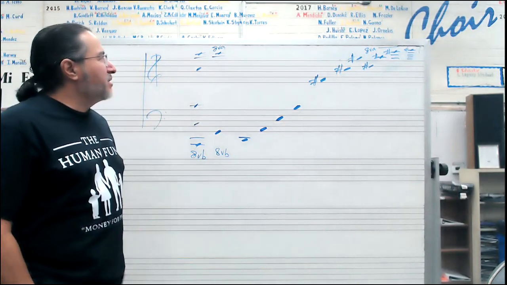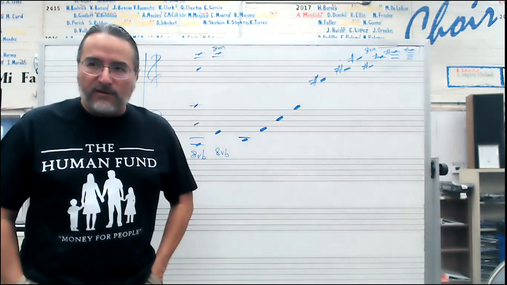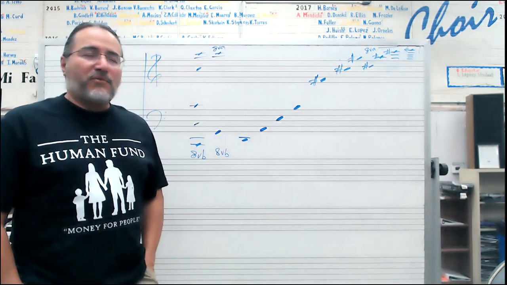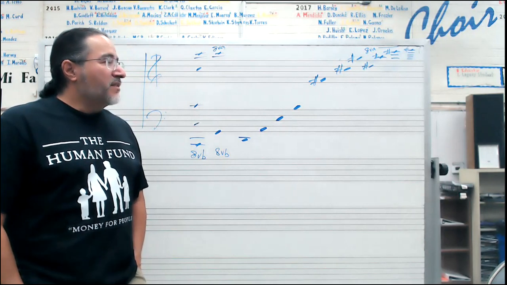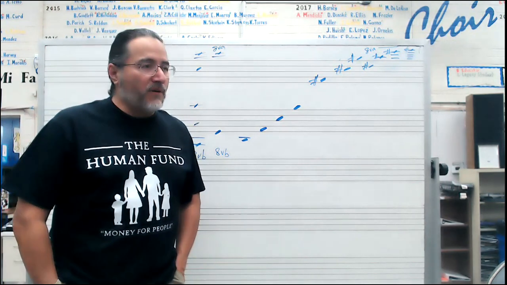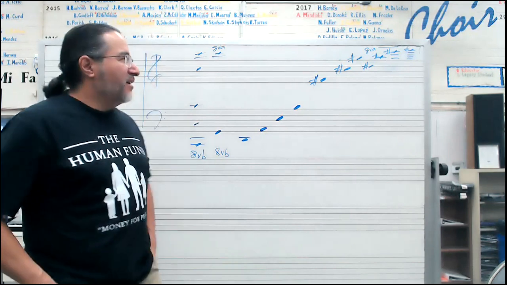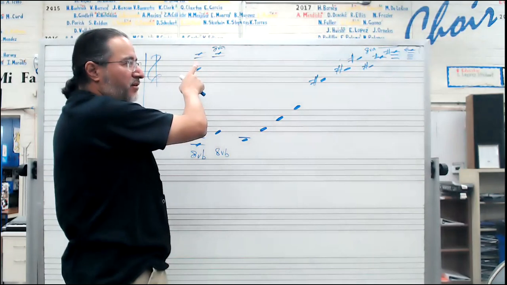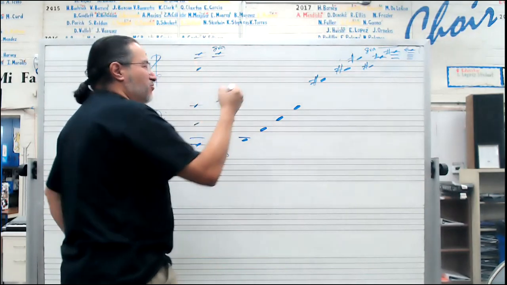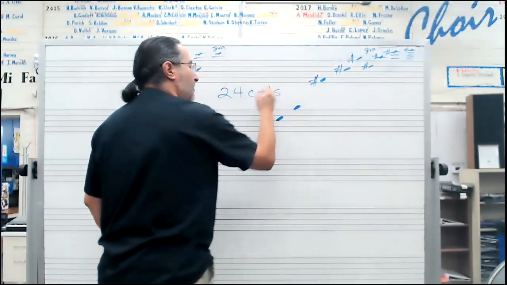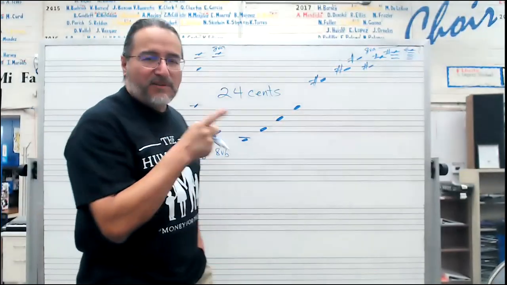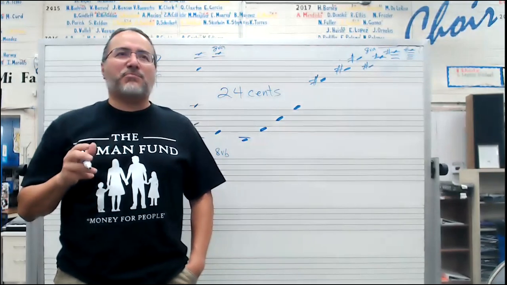Which note is sharper? The B sharp or the C? The B sharp turns out to be more sharp than the C. This note is higher in pitch than this note by about 24 cents. Now let's break it down.